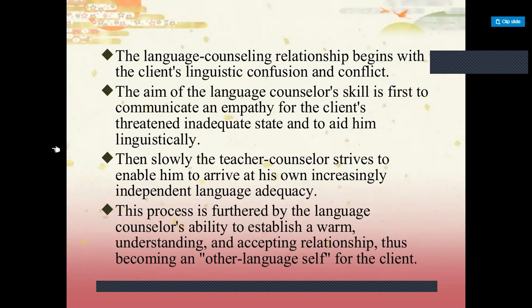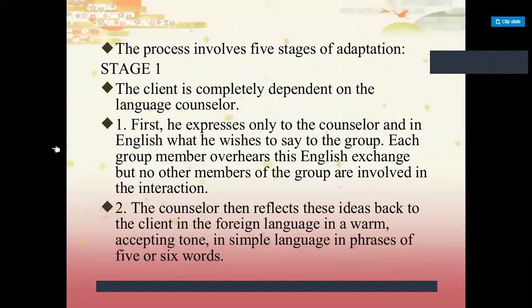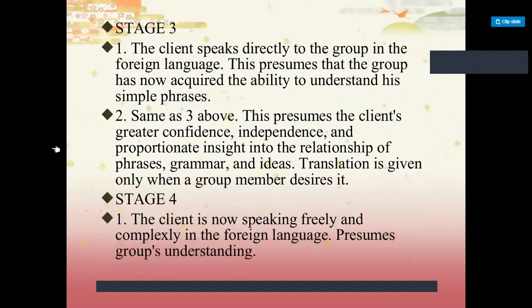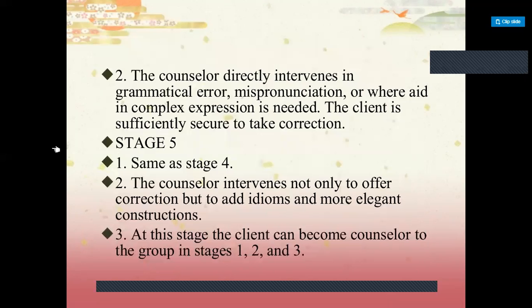So this is going to be the client and the counselor providing information, and that is going to be the way in which they were going to have just five stages, if I'm not wrong. Yeah, five stages.